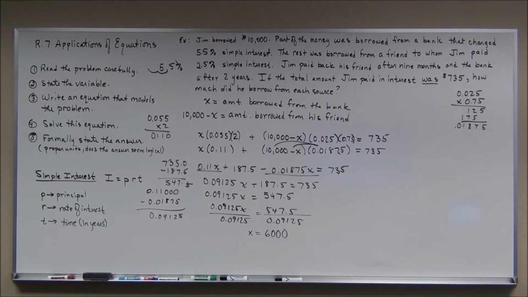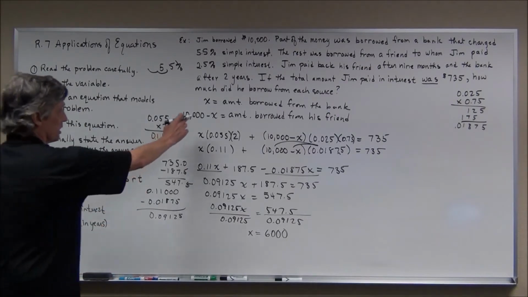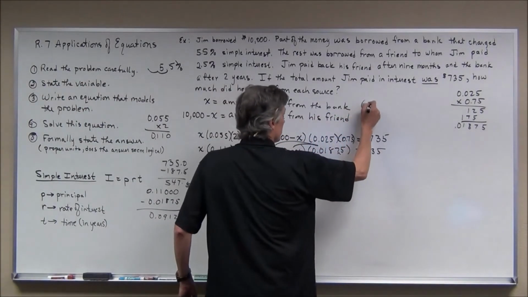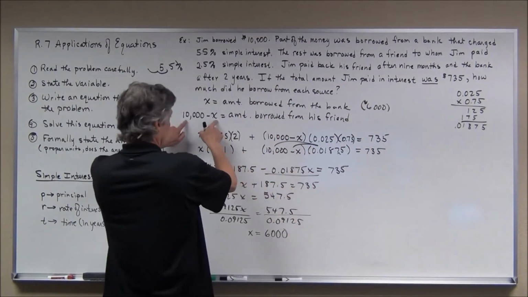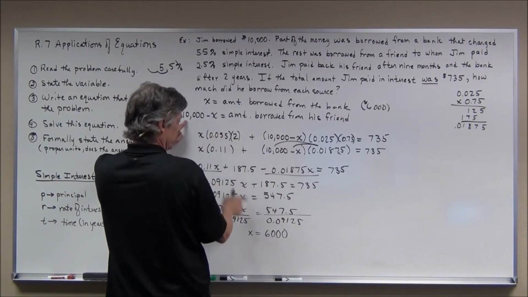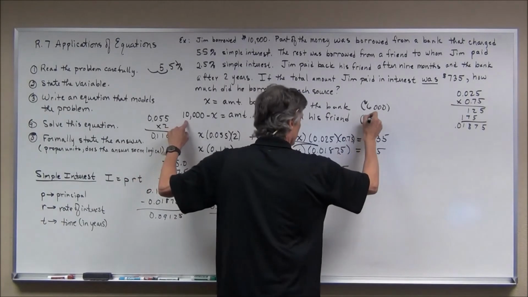So X is 6,000 tells me that he borrowed $6,000 from the bank, and from his friend, 10,000 minus 6,000 would be 4,000.